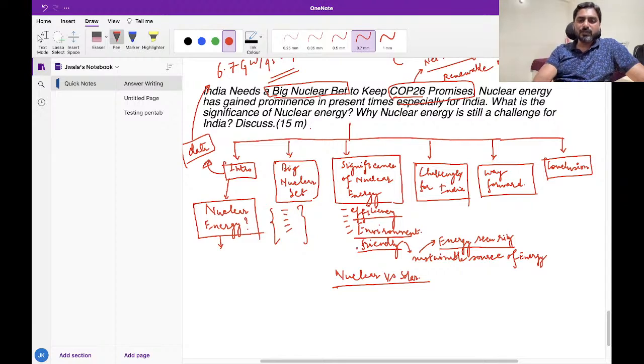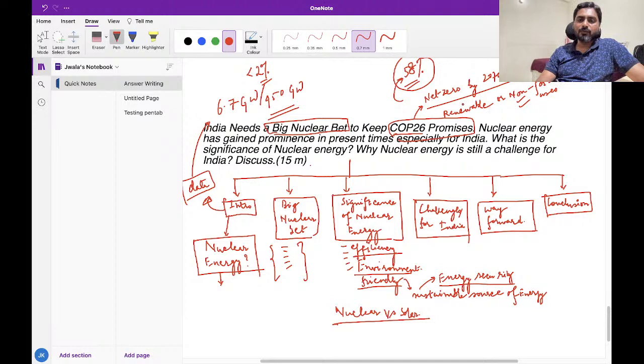So either we go for renewable, or we go for something non-fossil. Non-fossil is a broader term which includes your renewable, and it also includes nuclear. So nuclear, in some respect, is better than even solar power.